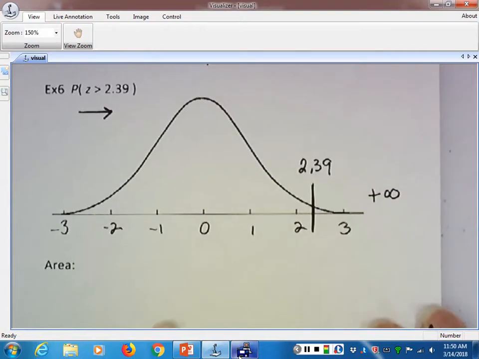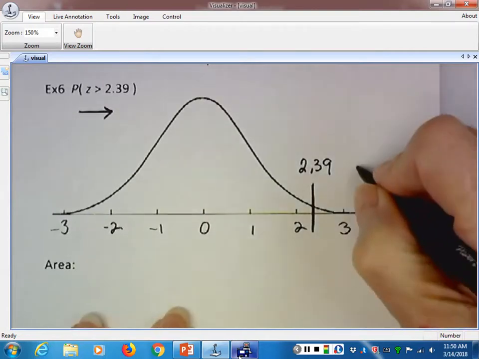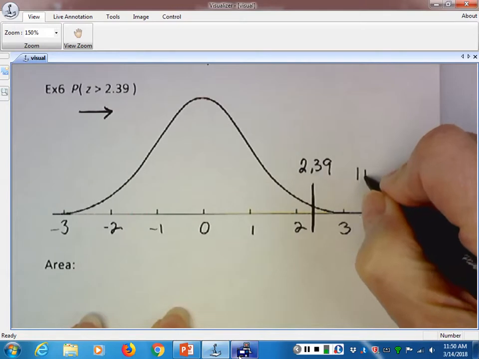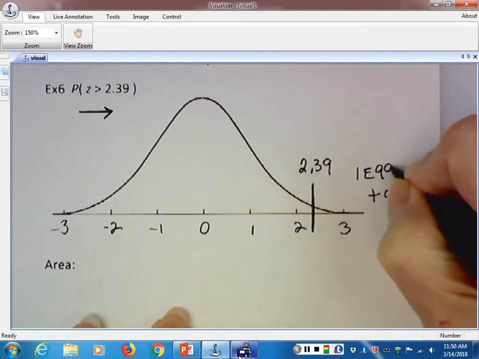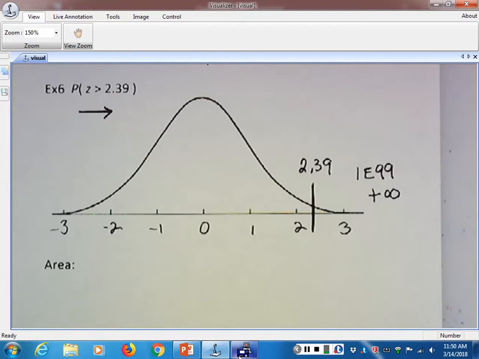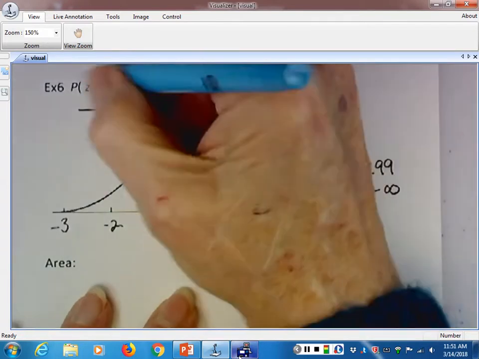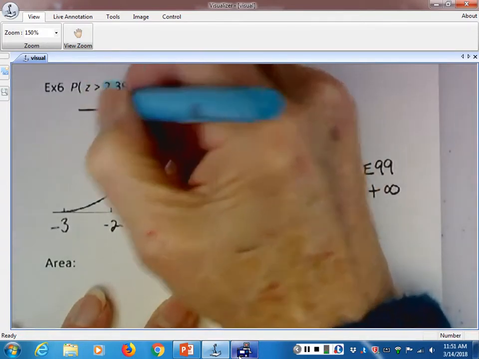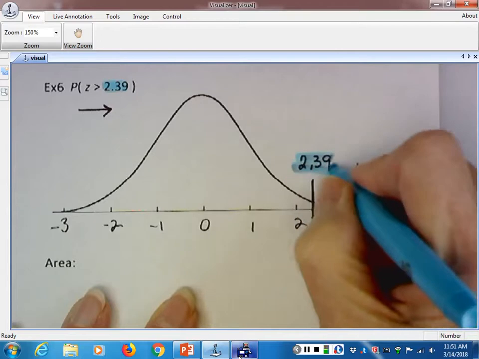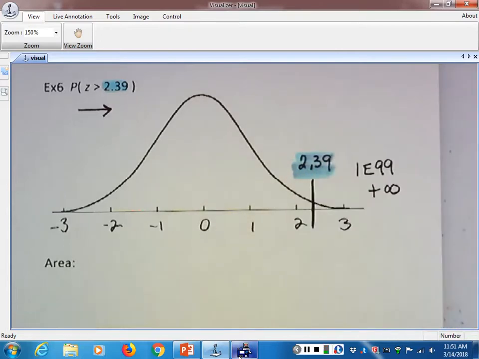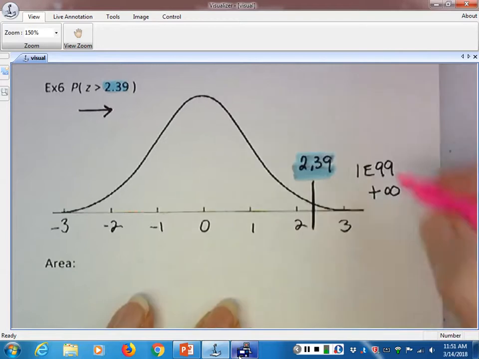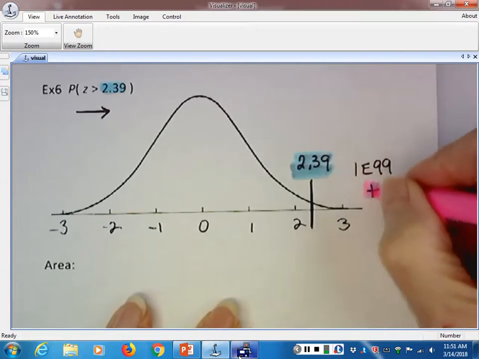And remember, what we use for positive infinity is 1 times 10 to the 99th power. So in this case, our 2.39, because it says greater than, is going to be the lower boundary. And our upper boundary is going to be positive infinity.